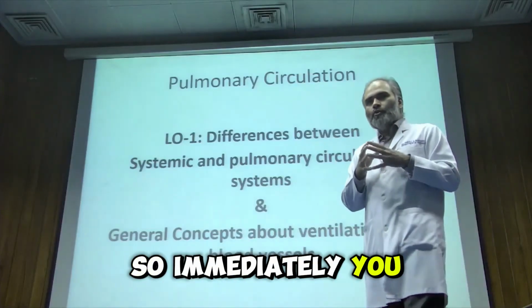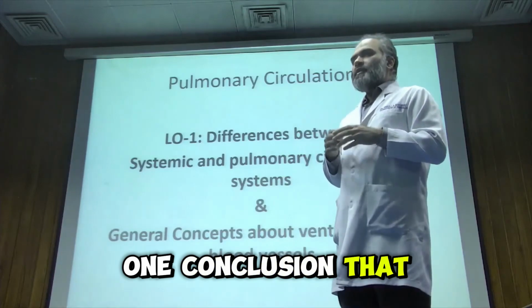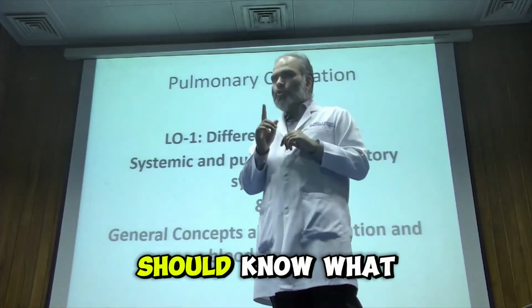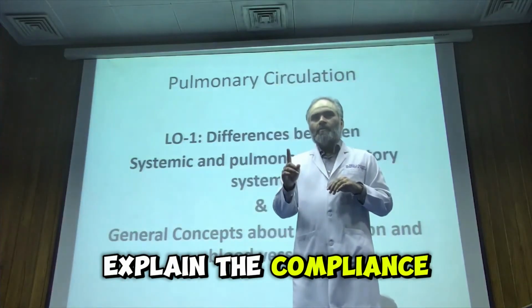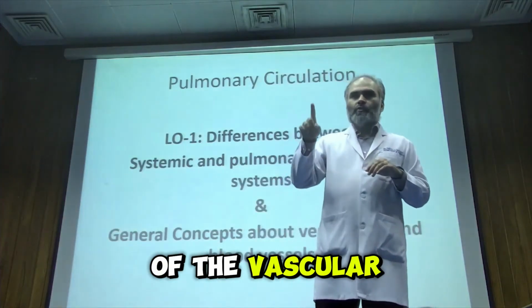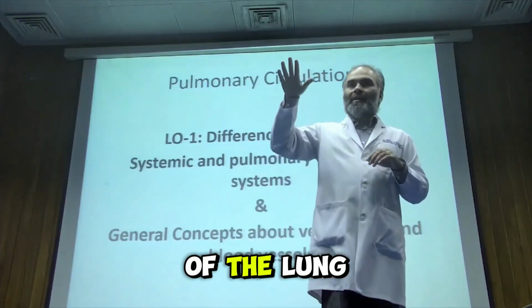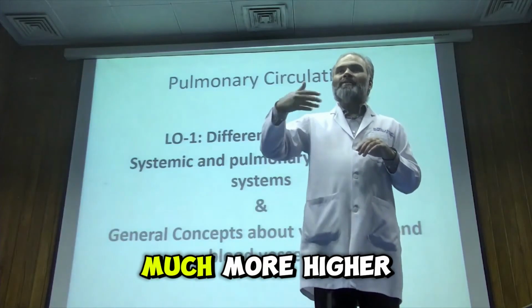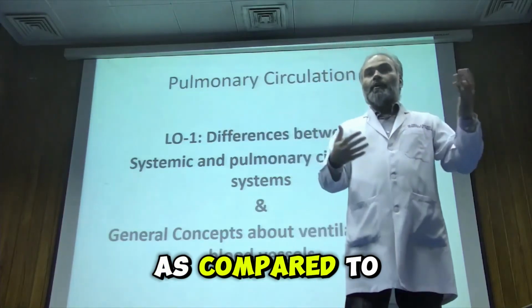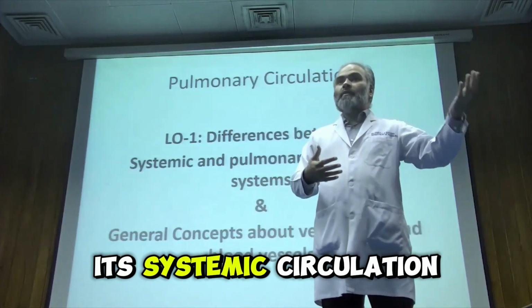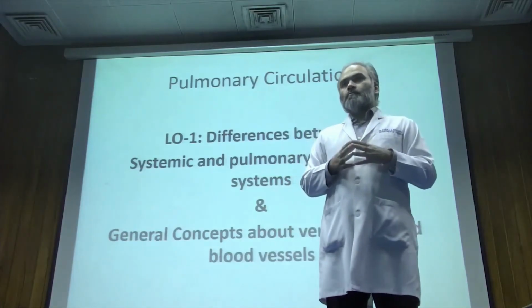So you should arrive at one conclusion: the compliance, and you should know what the word compliance means, so I will not explain, of the vessels of the lung has to be much, much higher compared to its systemic circulation cousins. And it is the case.